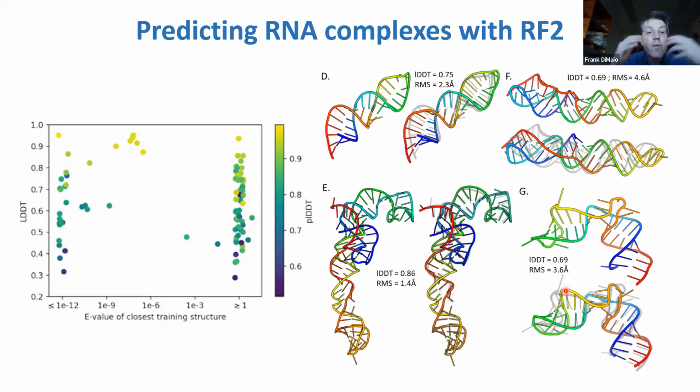Then, to compare how well this prediction is, we compared whether the sequence similarity was close to anything that the training set had seen. And that's what we're showing on this plot. The x-axis is, using BLAST-N, the E-value of the closest structure in our training set. So all of these structures on the right have basically, in terms of sequence identity, nothing that is identifiable. The structures on the left, everything to the left of this line, there's basically some sequence similarity to something in our training set.